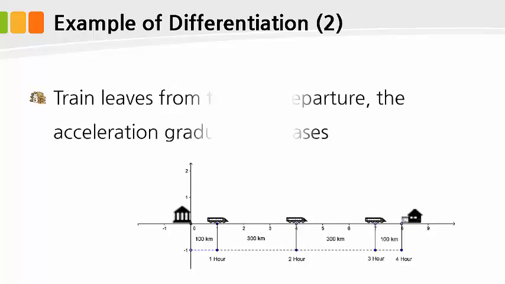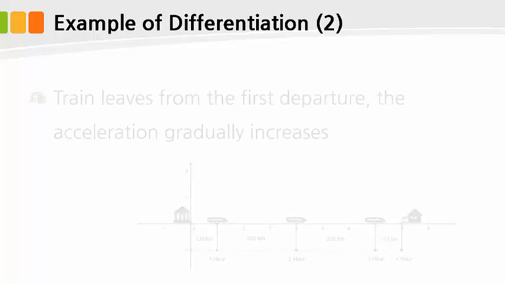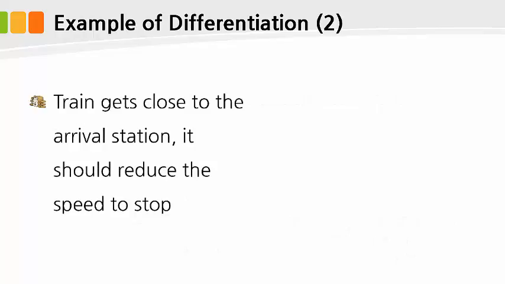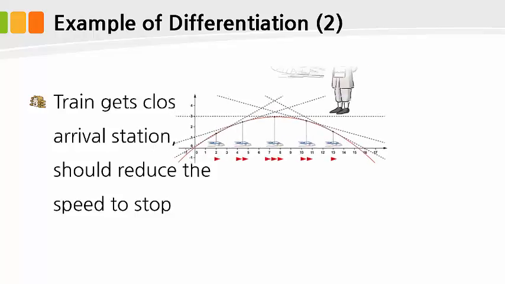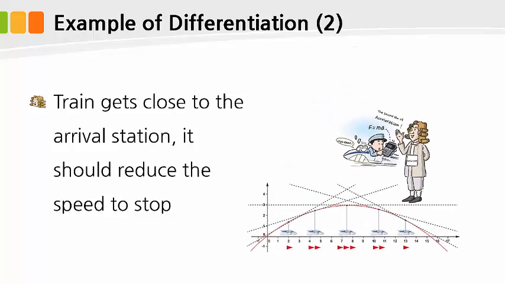When the train leaves from the first departure, the acceleration gradually increases. When the train gets close to the arrival station, it should reduce its speed to stop.